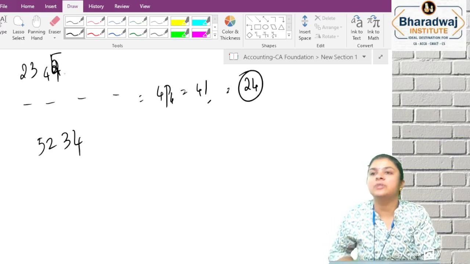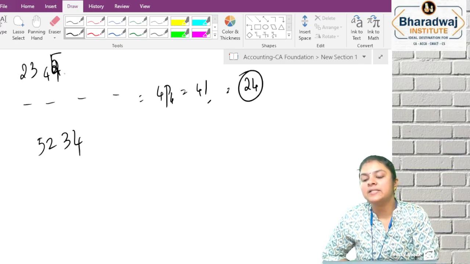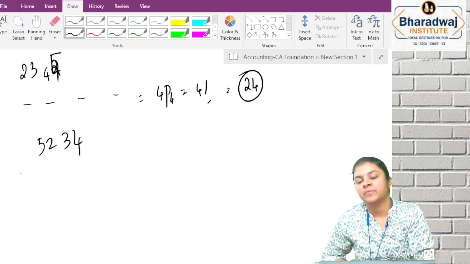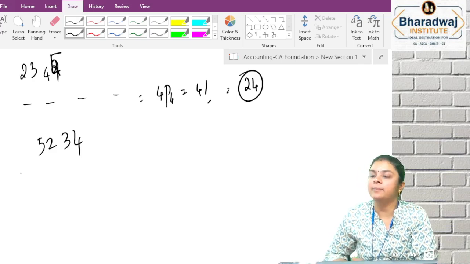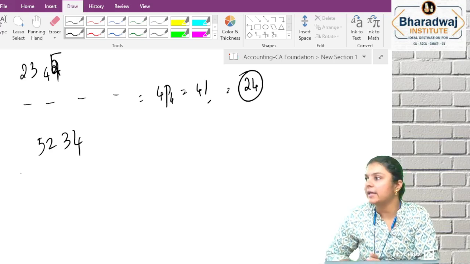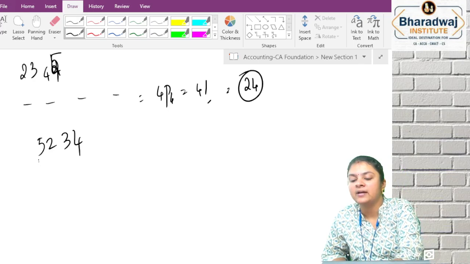First, what we need to see is the rank order of the items available to us. Put them in ranking order. Ranking order can be in number order, or it can be alphabetical order. Now if you go by number order, the ranking order is 4th rank, 1st rank, 2nd rank, 3rd rank.